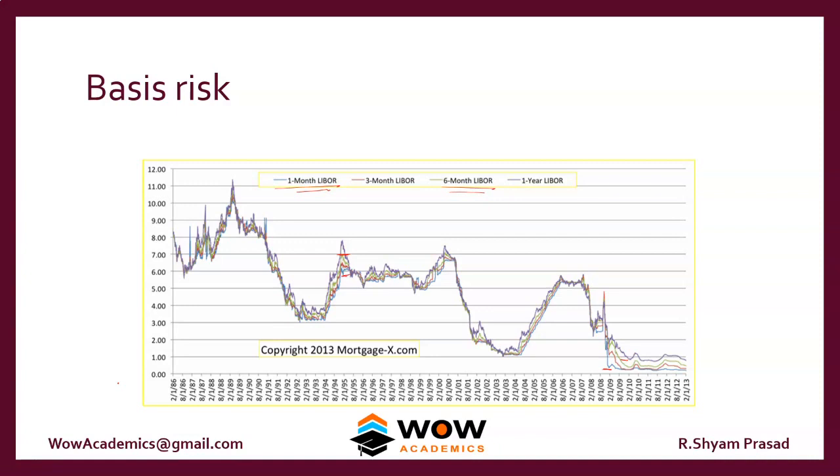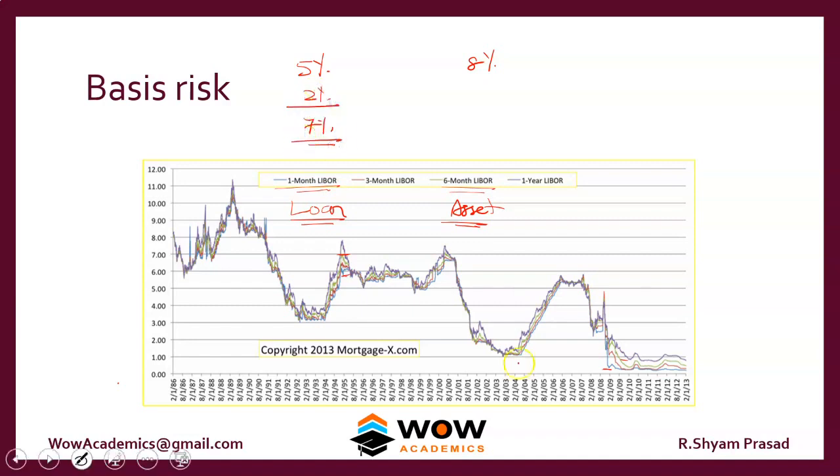So assume that the 1 month LIBOR is a loan and the 6 month LIBOR is the asset. You might see that the loan interest and the asset interest will not change exactly. If the loan interest is 5% and the asset interest is 8%, and suddenly they change, the loan interest rises by 2% and becomes 7%.